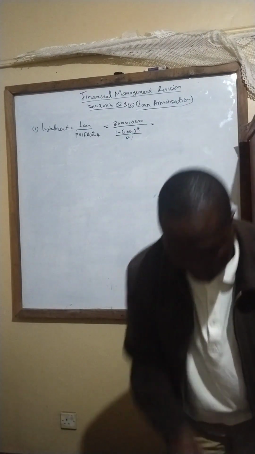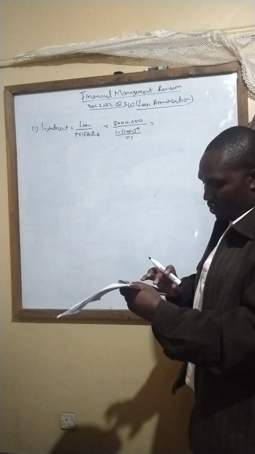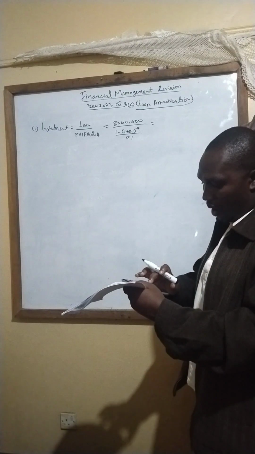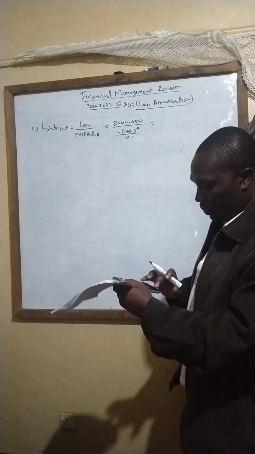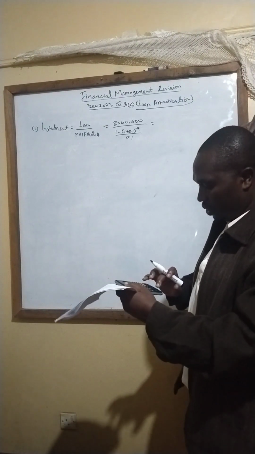So you take 1 minus 1.1 power negative 4, you get the answer, and then you divide that by 0.1.